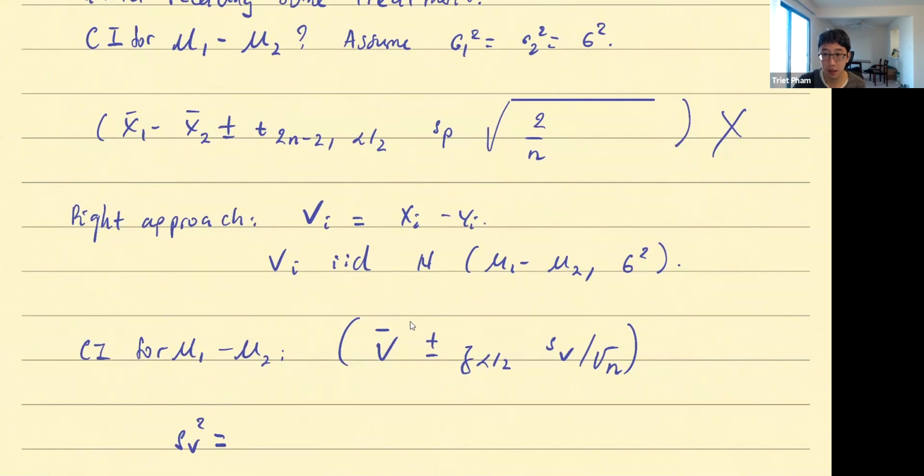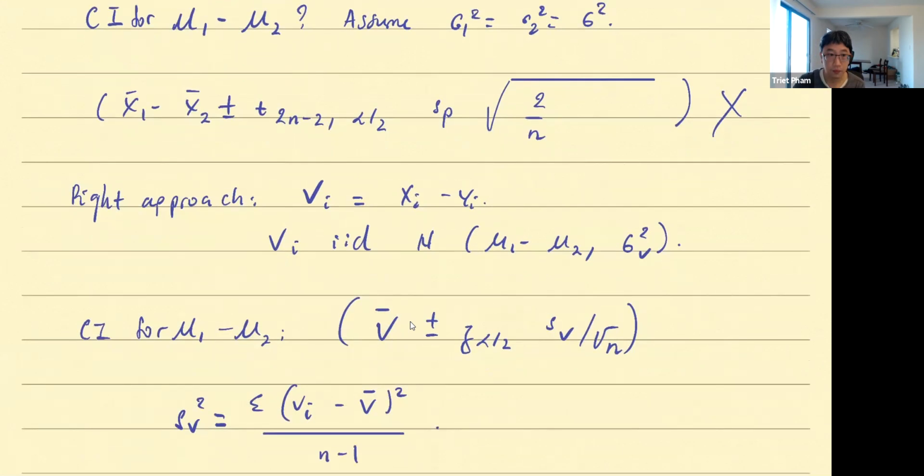S_V squared is just a standard one, the sum of (V_i minus V bar) squared divided by n minus 1. As long as these are the same, this should be the estimator of sigma squared V.